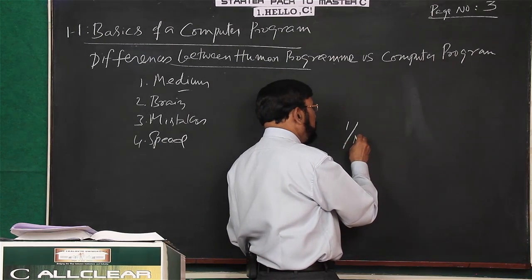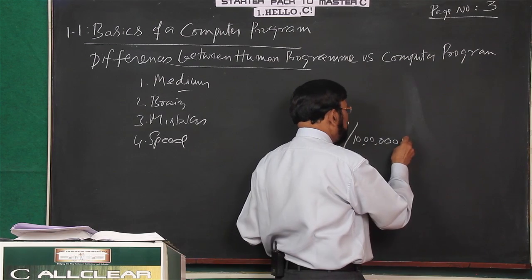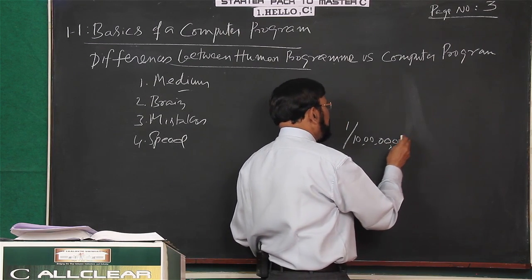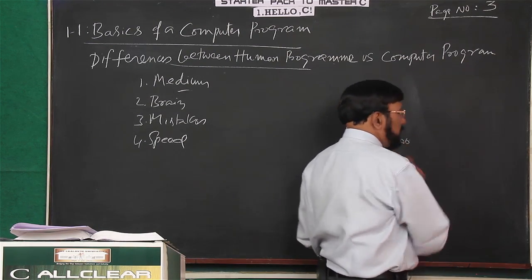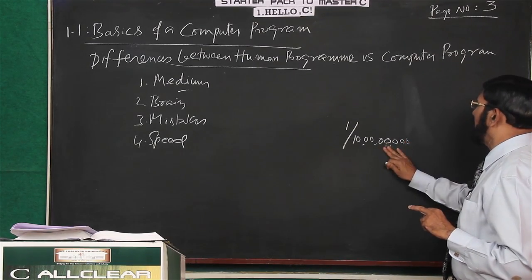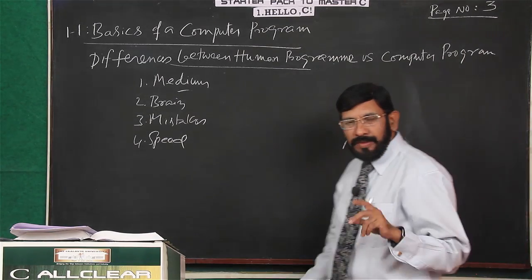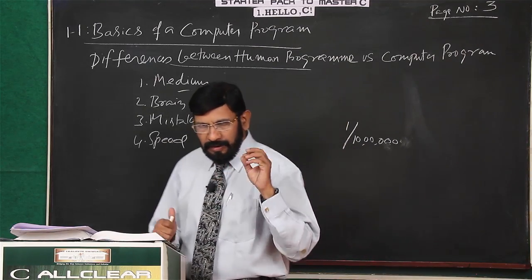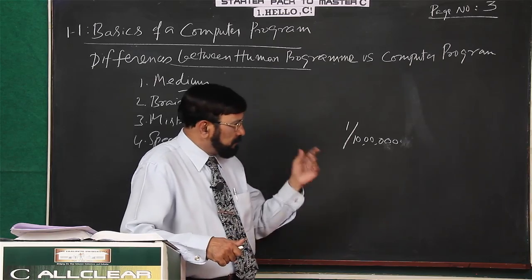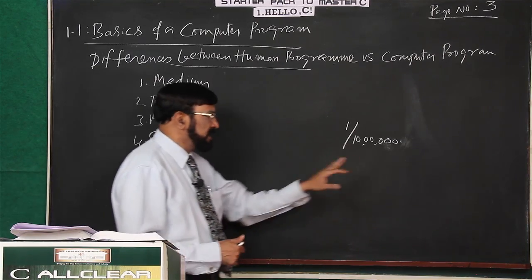Microsecond means a millionth, that is 1 by 10 lakh seconds. Understand? So you understand that a computer can perform computations millions of times faster than a human being.